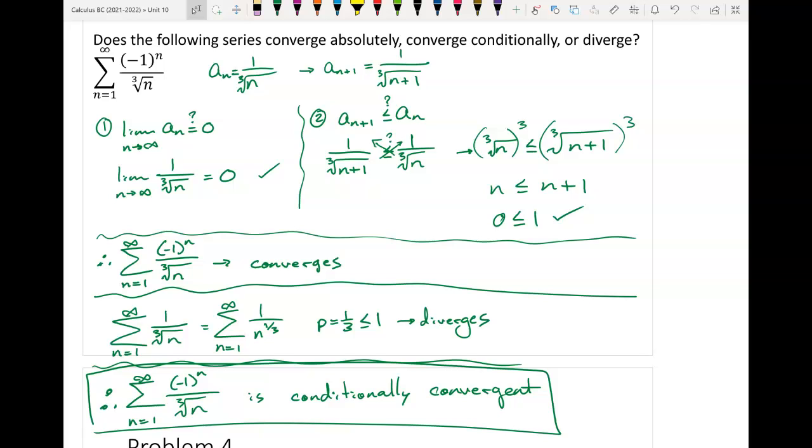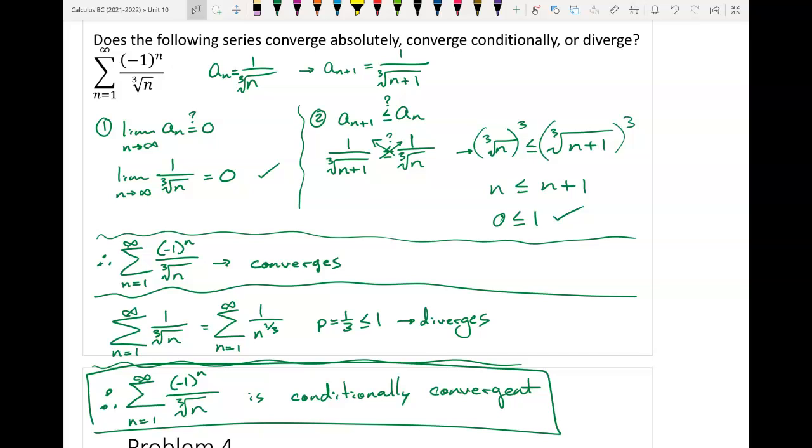So you have to first determine convergence or divergence of the original series. Once you've established that, if it diverges, you just end there, right? Just say, hey, it's divergent, done, we go on. If it converges like this one, then you have to step back and say, okay, it was an alternating series, so now I need to determine what type of convergence.